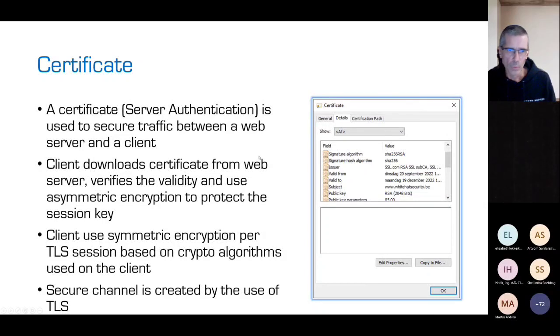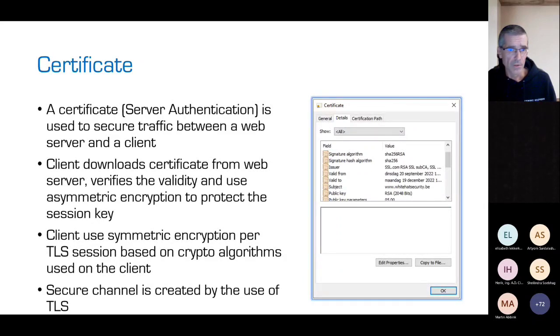It will check the current date against the valid from and valid to fields. If the current date is after the date in the certificate, then the certificate is expired. It can still be used, but you will get a warning message that it's expired.